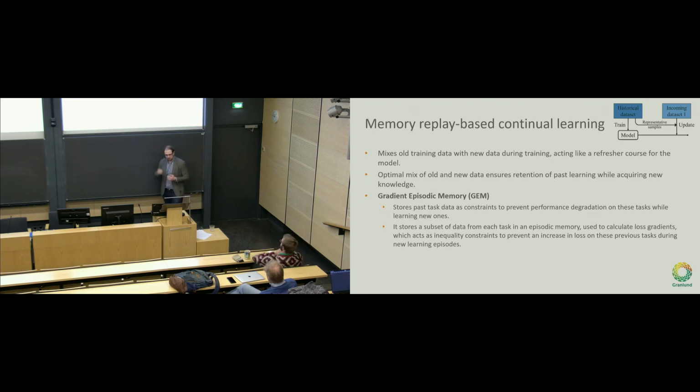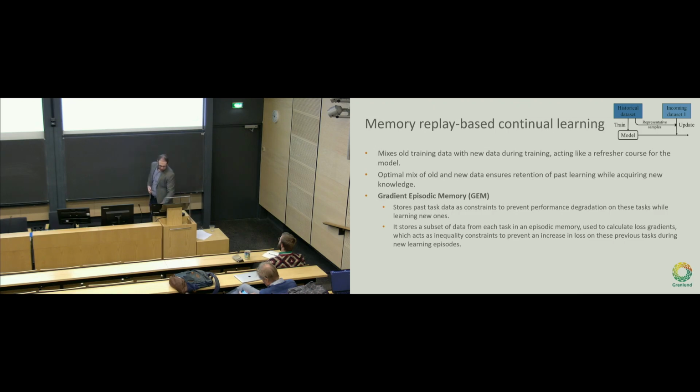It stores the past data or constraints of it, and when you are learning a new task, it checks the old ones so that they don't go out of the boundary and ruin the prediction of old things. So it has this episodic memory used to calculate gradients, then uses that to check the old, and then you learn the new, and so on.